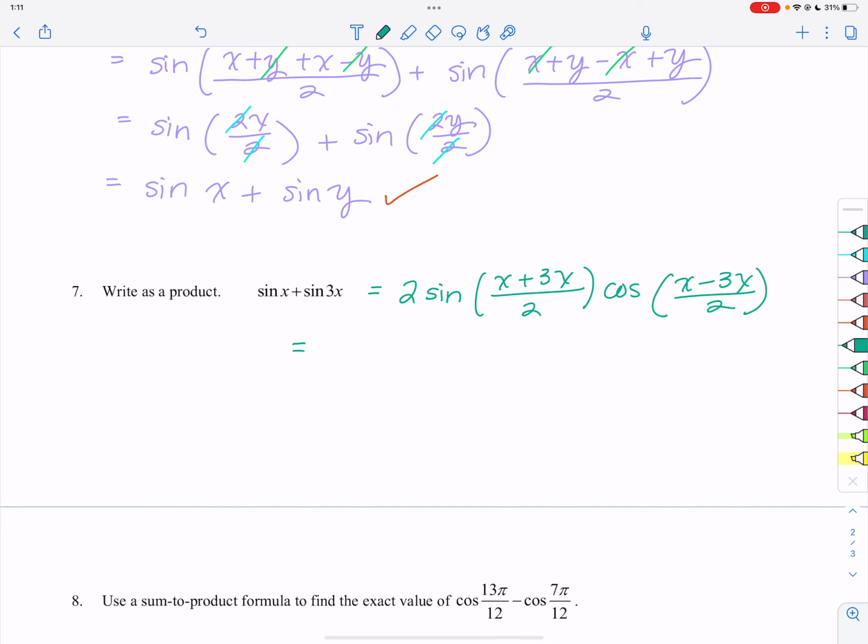And that's equal to 2 sine of 4x over 2 multiplied by the cosine of 2x. I think that's a negative 2x.